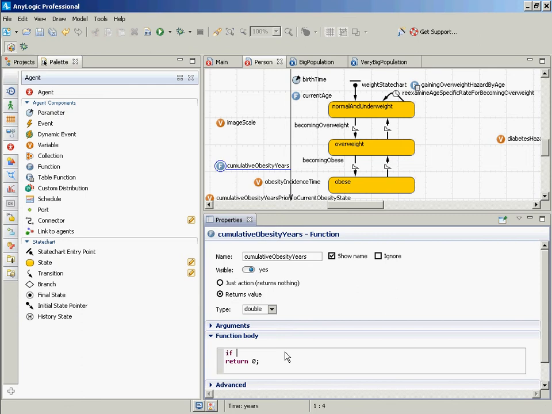So I'll say if weightStateChart.isStateActive, oh gosh, look at that, obese. If they're in an obese state, we're going to do one thing, otherwise we're going to do something different. So let's start with the simple thing. You just told me, if we're not in an obese state, if we're in one of these other states, what are we going to return?